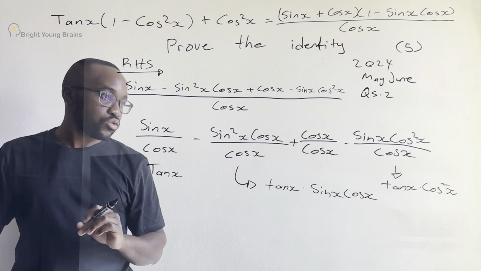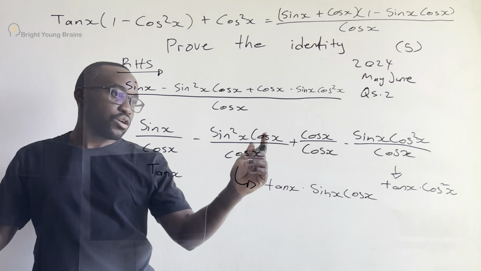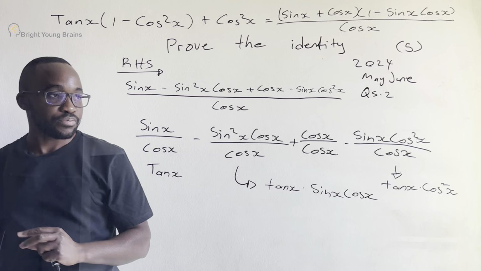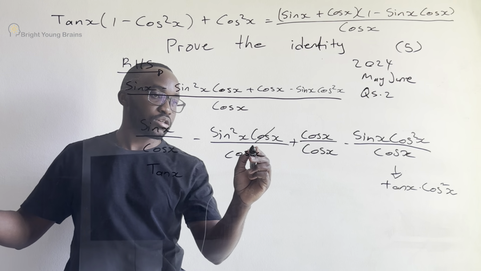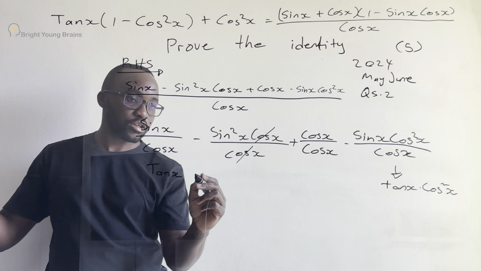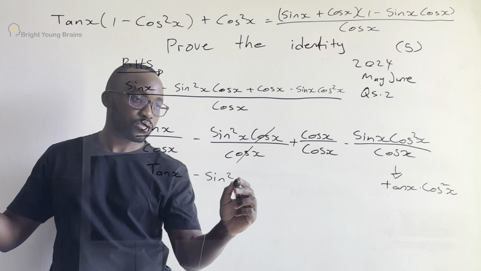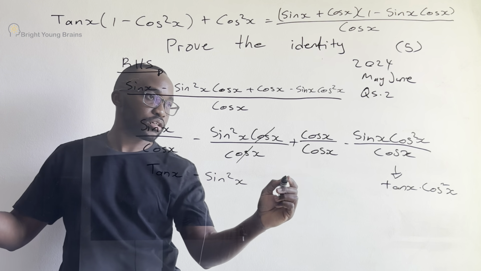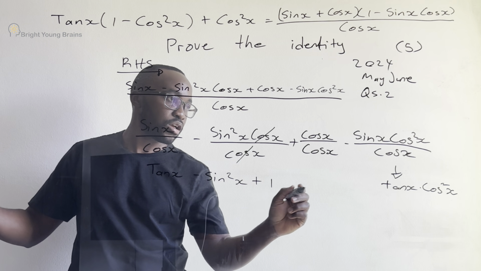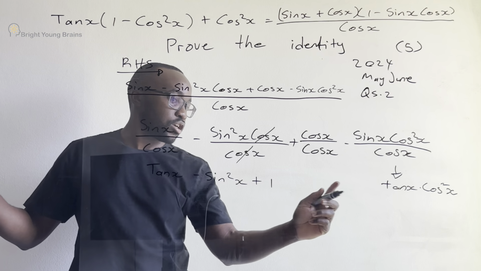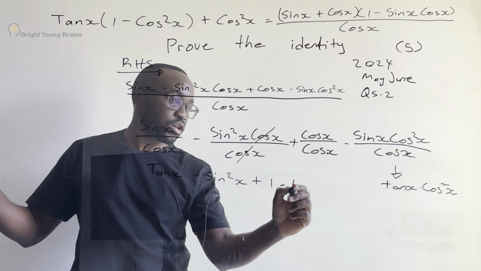Okay, so to summarize this here, we can easily maybe just cancel the cos x here and the cos x there. This is going to give us negative sine squared x. Here, cos x over cos x, that's just a 1. And then this is what we can change to tan x.